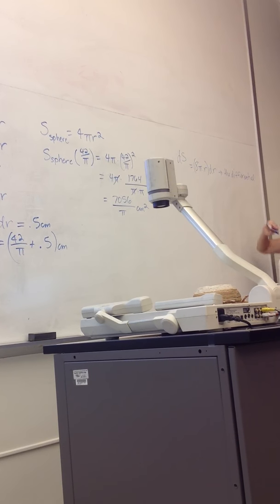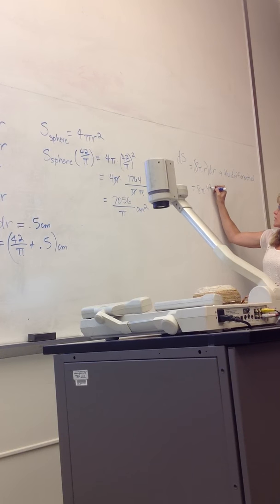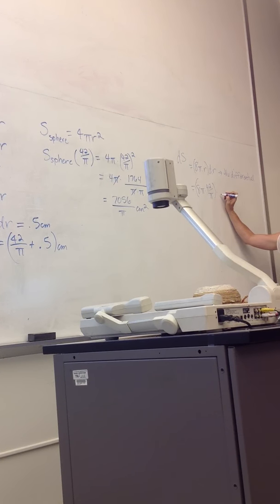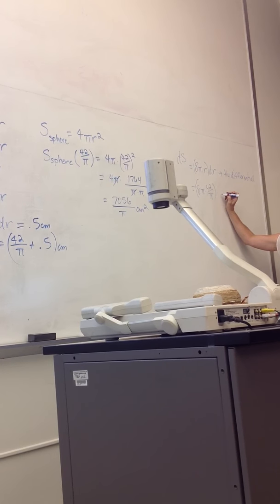So 8 pi times 42 over pi, and then what was dr? 0.5, yeah, 0.5 is the dr. So 8 pi r is this, and then dr itself is this.